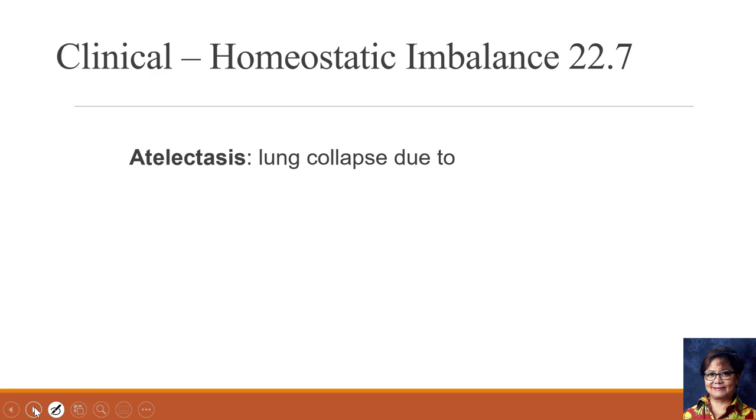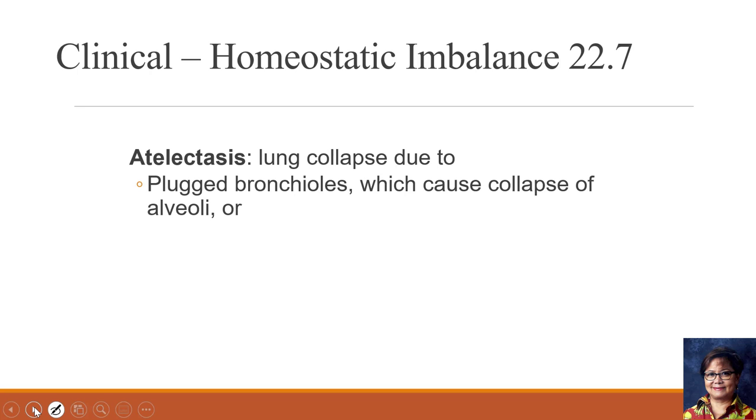So atelectasis is a condition where the lungs would collapse due to plugged bronchioles, which causes the collapse of the alveoli. So this is different, although the effect would be the same, from pneumothorax. In pneumothorax, you puncture the parietal cover and the visceral cover of the lungs.